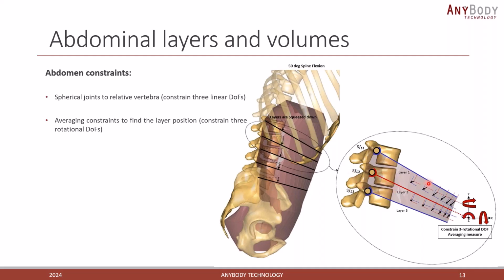In this picture, you see the red coordinates that are defined on the red layer, and the blue ones on the top and bottom layer. These black arrows are the linear measures, and the averaging measure uses these linear measures to find the layer position, so it will be something between these 2 layers.